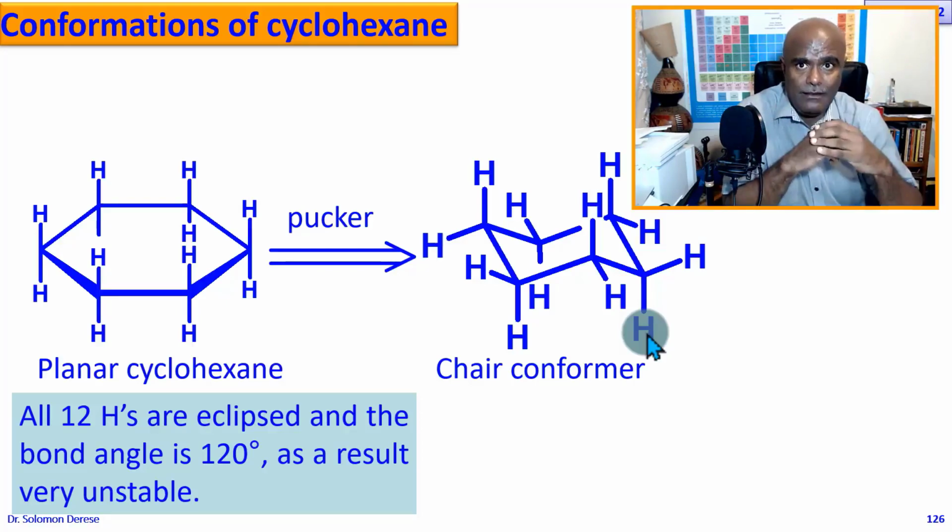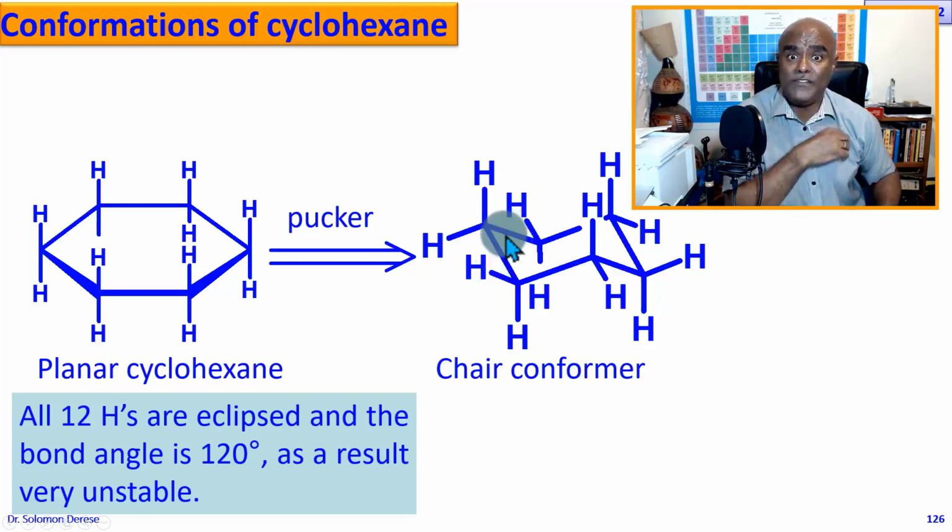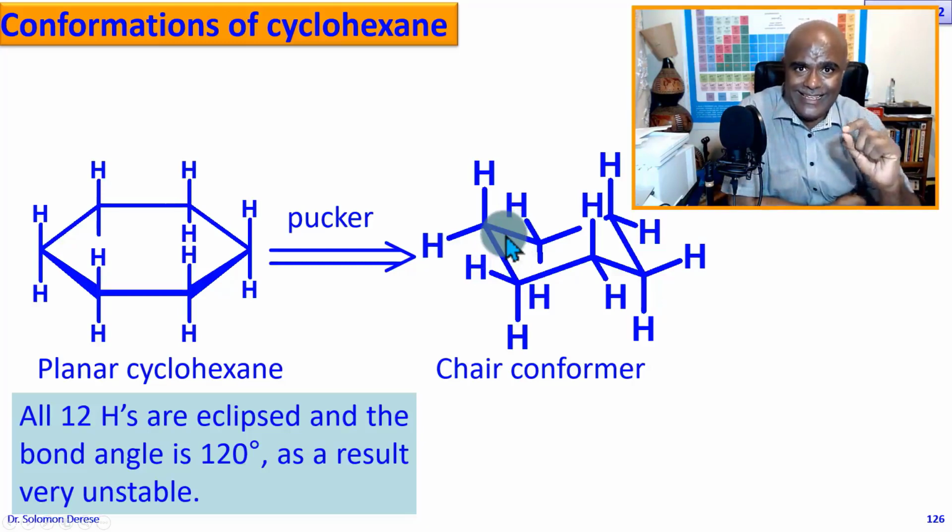The other thing it has managed to achieve is to eliminate all the angle strain. In the planar conformer, the bond angle was 120 degrees. But by adopting this chair conformer, the bond angle became 109.5 degrees, the ideal bond angle for an sp3 hybridized carbon.